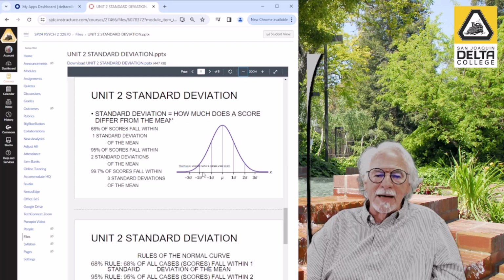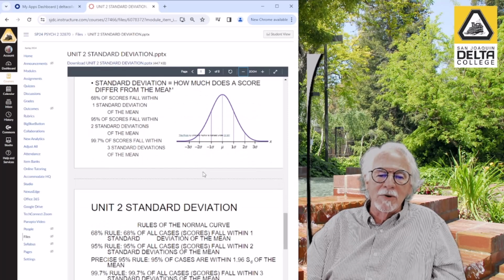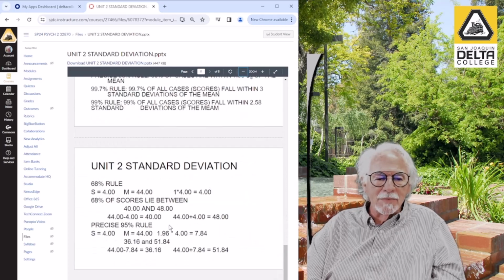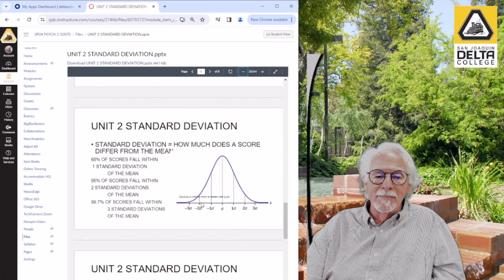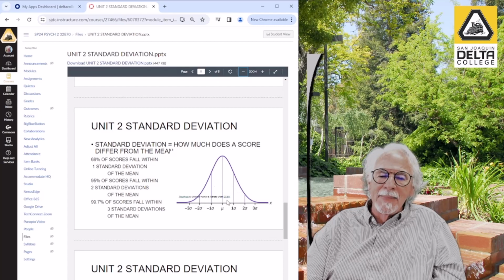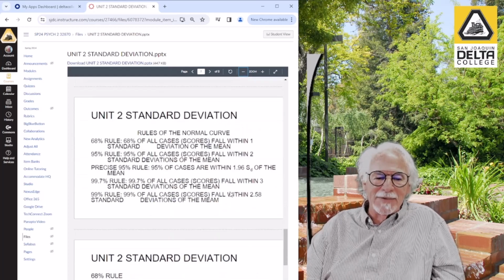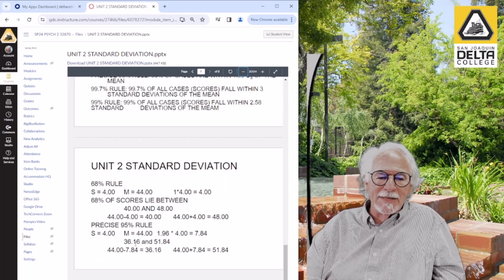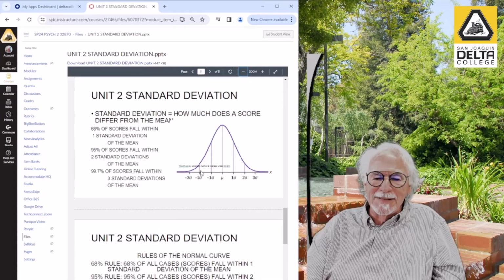The same thing on the other side, like we did previously, but subtract: 44 minus 7.84, and I get 36.16. So not quite 2, but at 1.96, I know that precisely 95% of the people scored between 36.16 and 51.84.